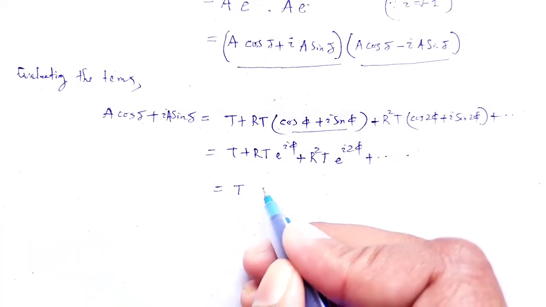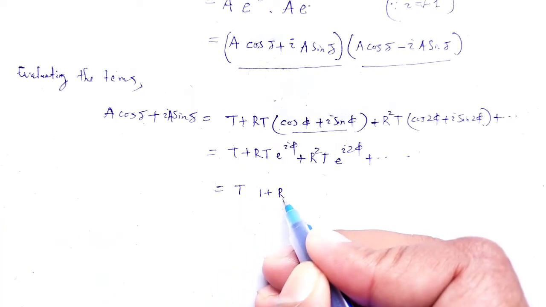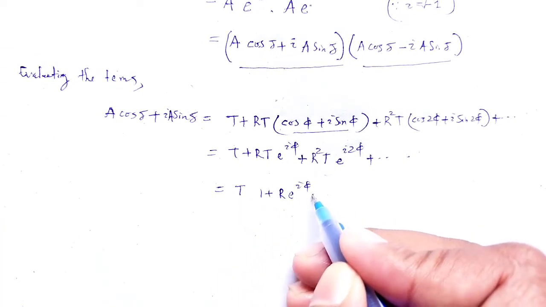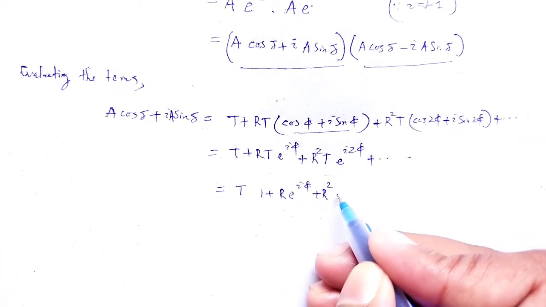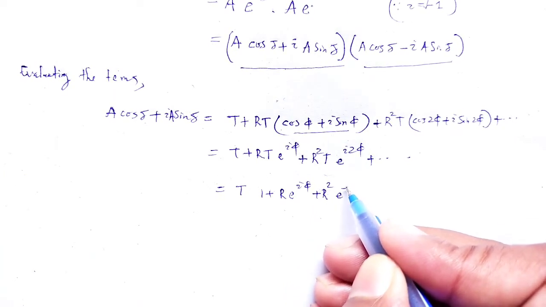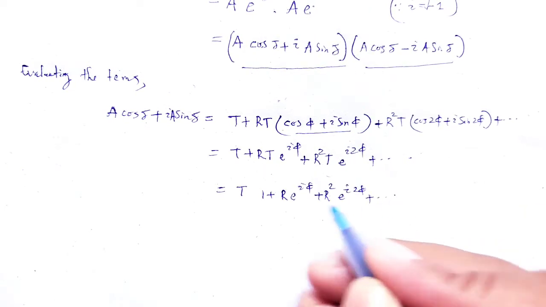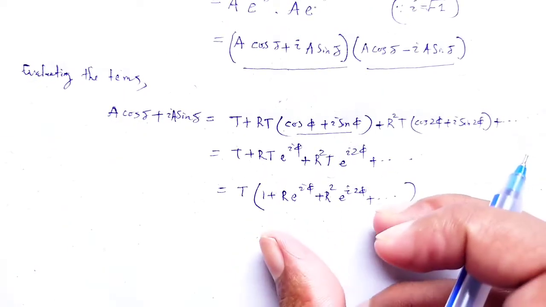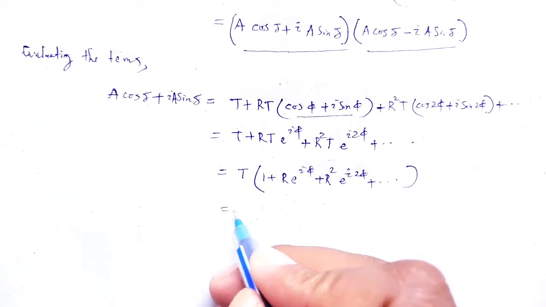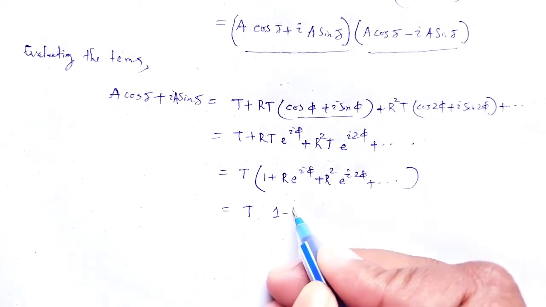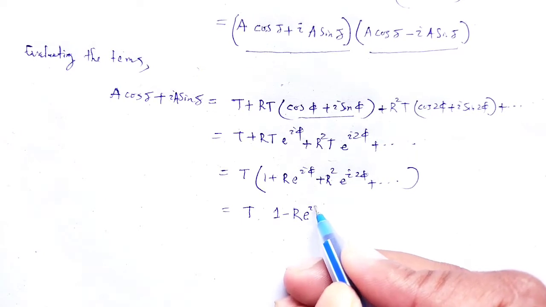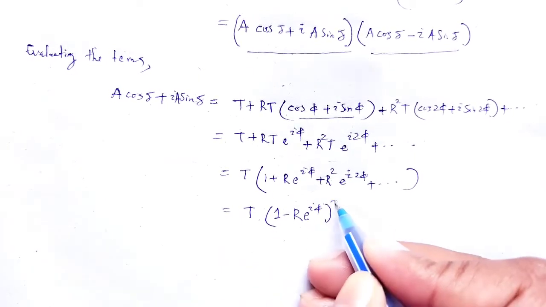Taking t as common, we have 1 plus r e to the power i phi plus r square e to the power i 2 phi plus dot dot dot. That is the expansion of 1 minus r e to the power i phi, to the power minus 1.